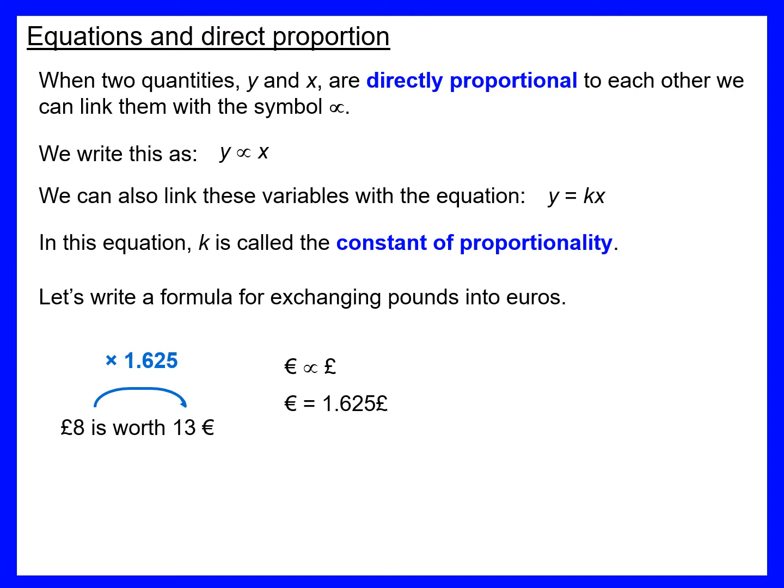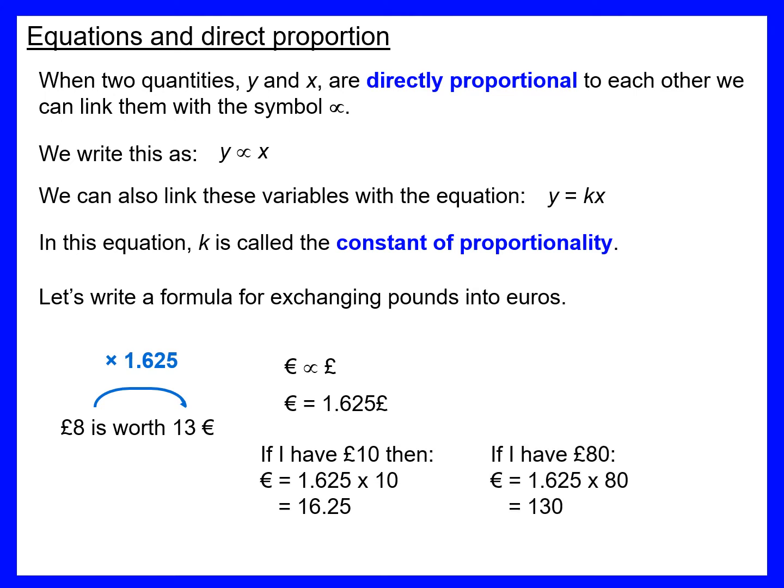Once we have this formula, we can work out any other value we like. So for example, if I had £10, I would do 1.625 times 10, giving me 16.25 euros. If I had £80, I would do 1.625 times 80, which gives me 130 euros. So you can see the 1.625, the constant, is called a constant because it stays the same all of the time.